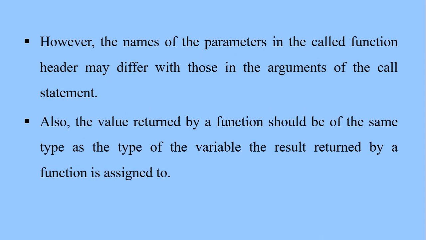In other words, if the value being returned is of type integer, it must match the memory location that is expected to receive that returned value within the main function.